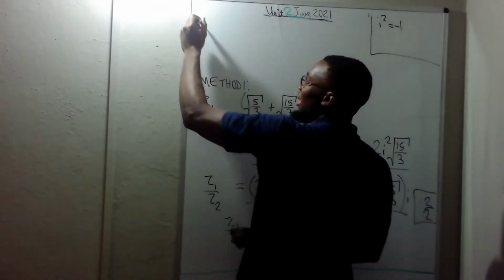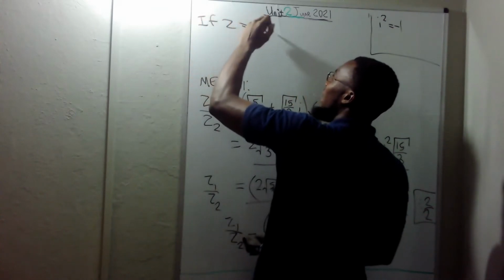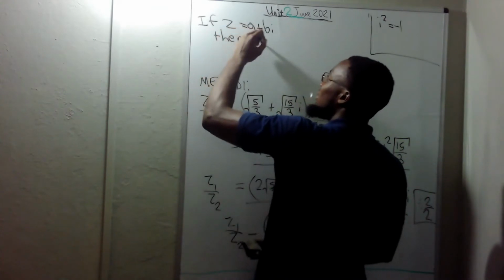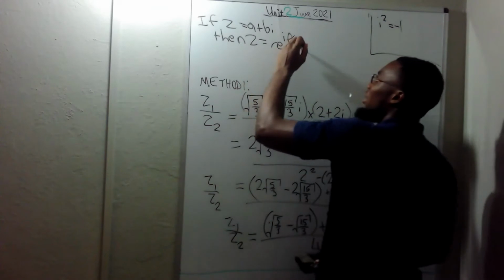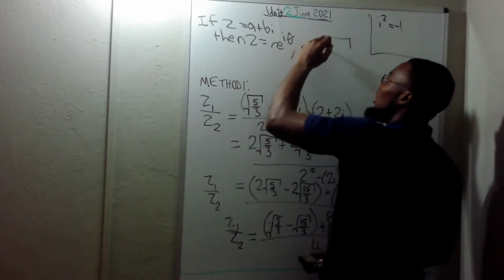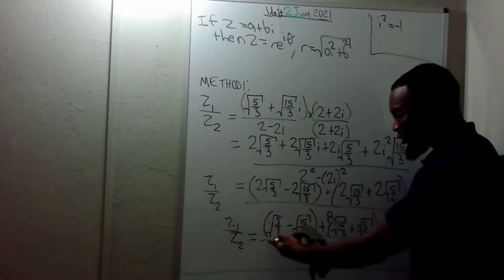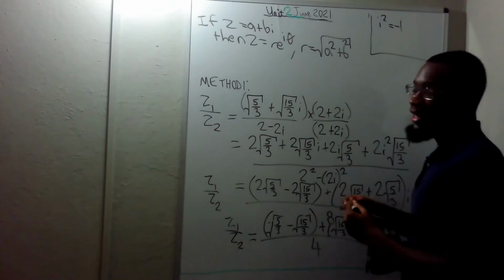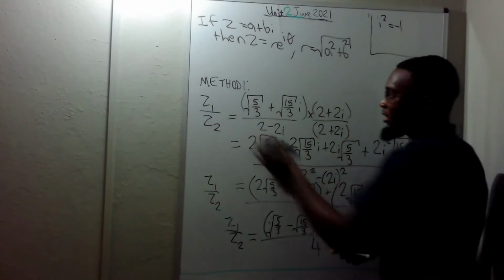If z equals a plus bi, then z equals R e to the i theta, where R is the square root of a squared plus b squared. Since we have z1 over z2, let's make some space here.